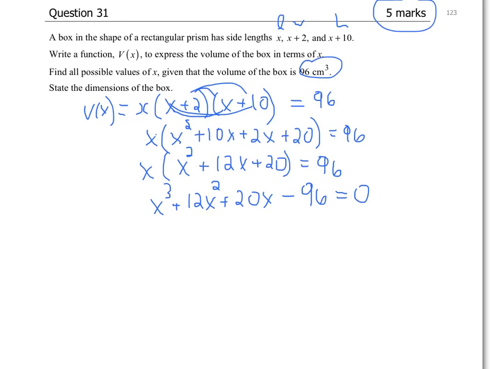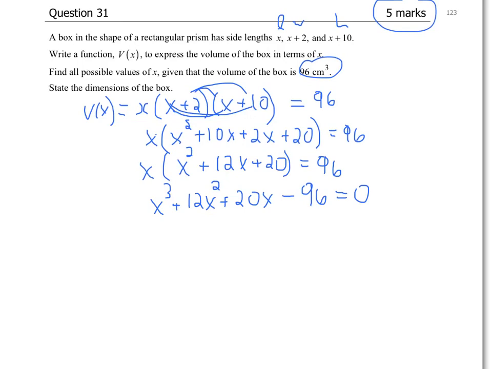So I need to guess possible dimensions. Now, this is looking for whole numbers, so this is a question that's very difficult, but at the same time, it's probably very easy because there are only so many whole numbers that we would have to multiply to get 96. The first whole number I can think of is 1.